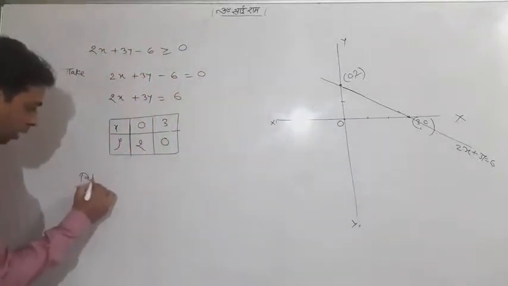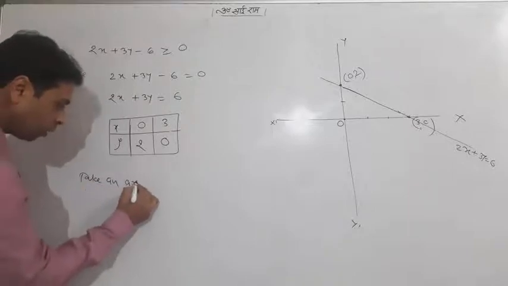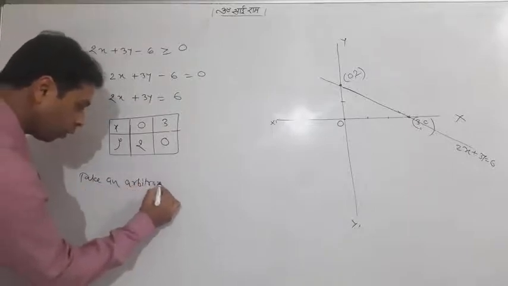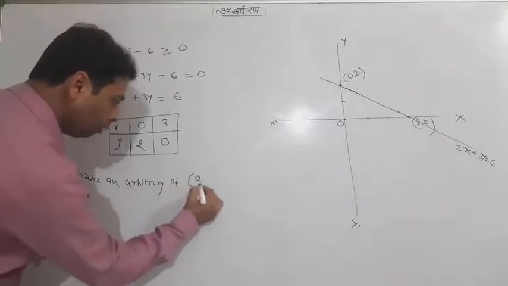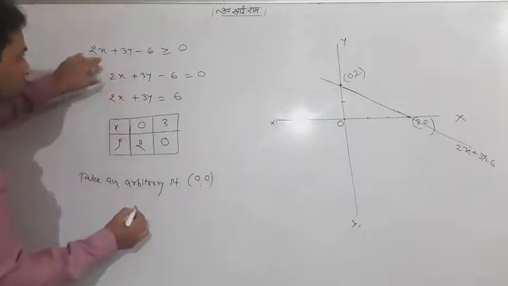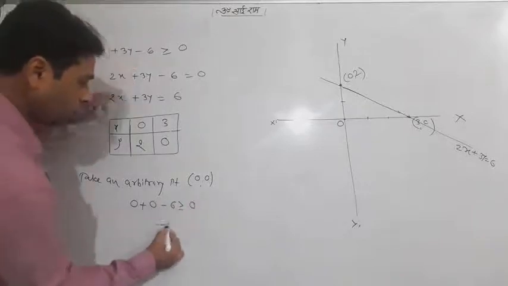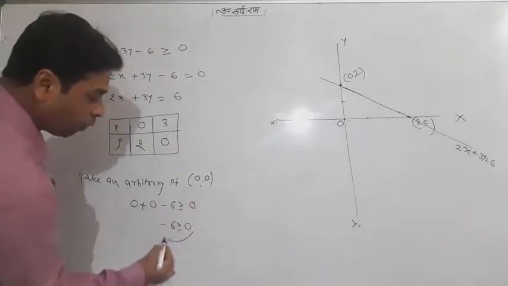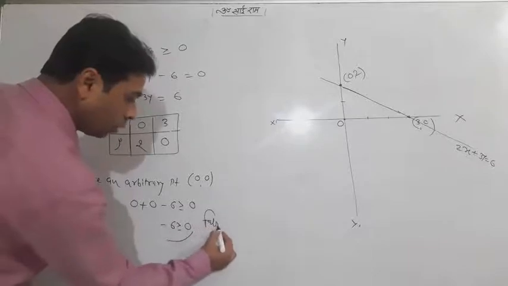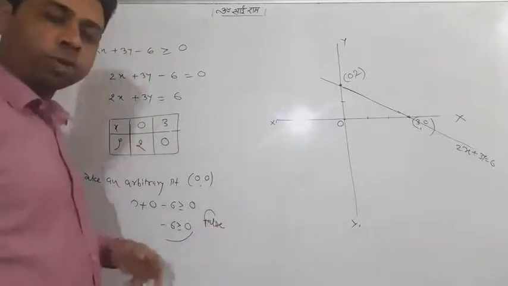So take an arbitrary point, (0, 0), and we will put this in the inequality: 2 into 0, 3 into 0, minus 6. What do you think, is this true or false? This is false. Minus 6 greater than 0 is false.